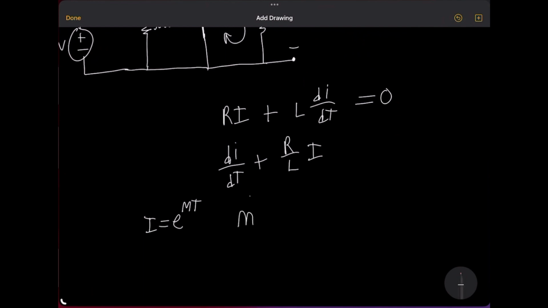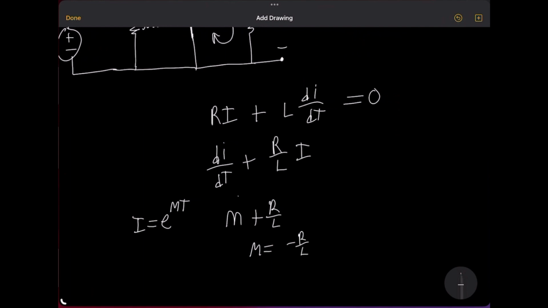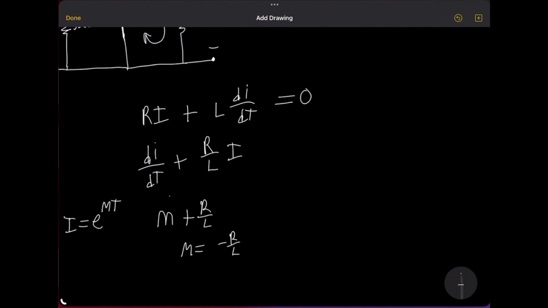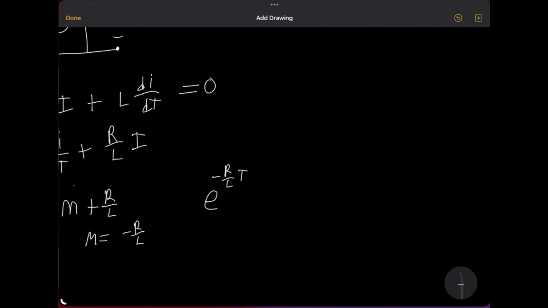If you remember differential equations, plus R over L. M is going to be equal to negative R over L. So we're going to have an exponent with e to the negative R over L t, or as your book has it, they do the reciprocal of this so it looks nice and neat, this L over R, and they'll do it as e to the negative t divided by tau, right?